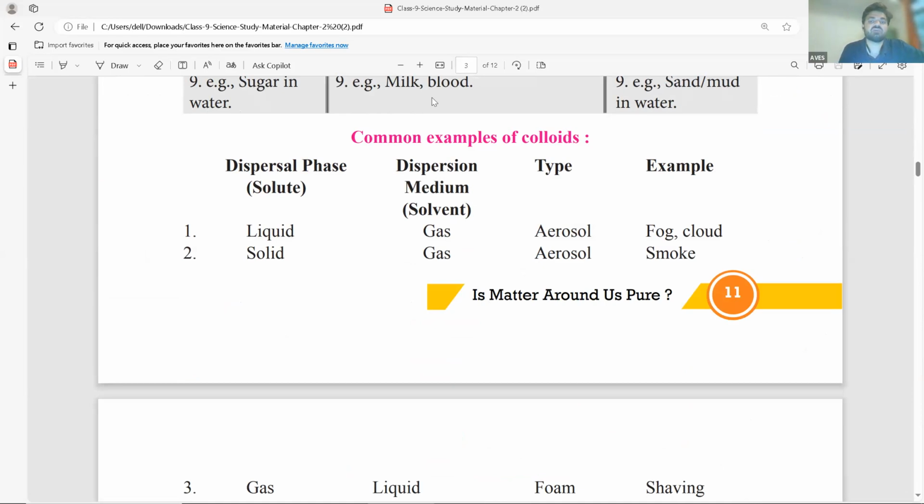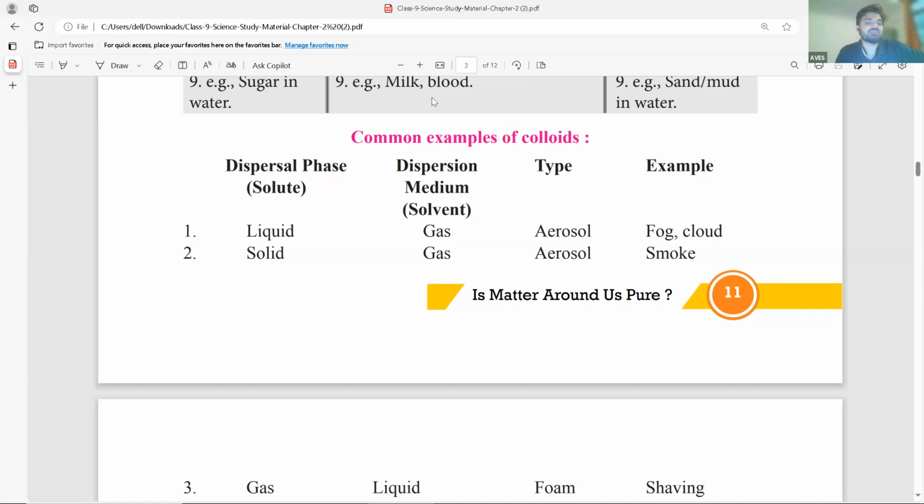For example, if I say fog, fog is gaseous; water droplets are mixed with air. Air will be the solvent and water will be the solute. So here the dispersed phase means solute, the dispersion medium is solvent, and the type of colloidal solution is aerosol. Examples are fog, clouds, smoke, etc.